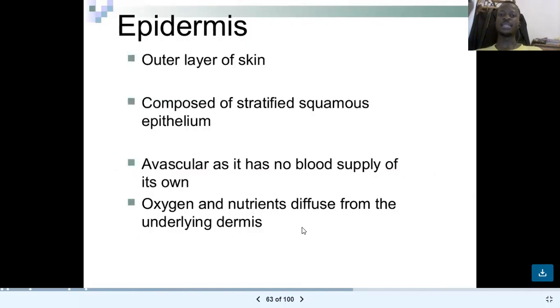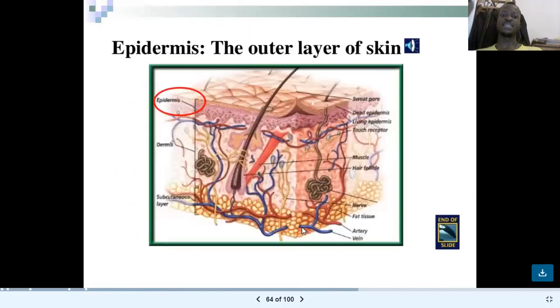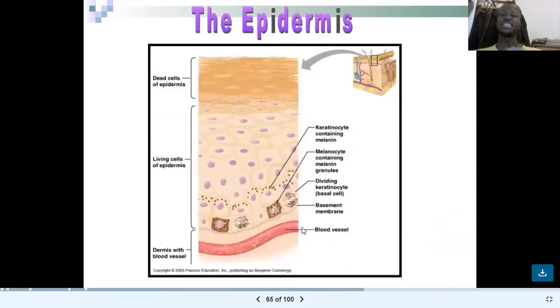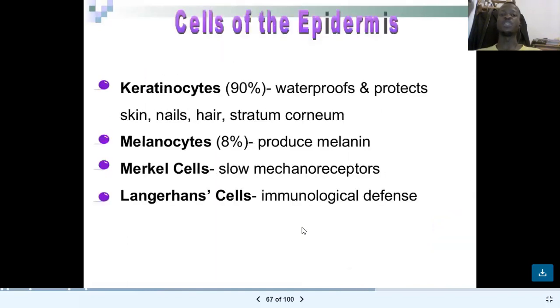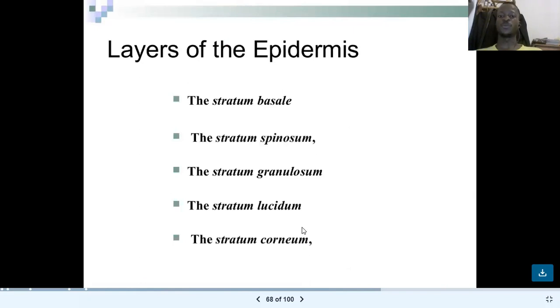Then maybe I'll end by showing the 5 layers that you find in the epidermis, just for appreciation from a histologic point of view. You're going to have the stratum basale, the stratum spinosum, the stratum granulosum, the lucidum, and the hornified stratum corneum that you're going to find on the superficial moist surface.